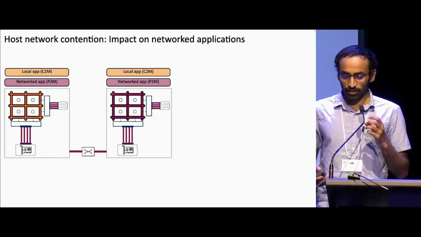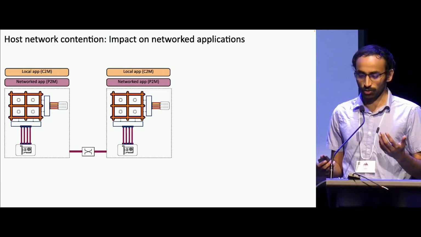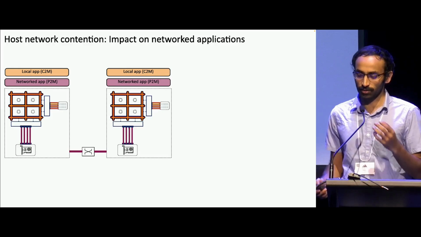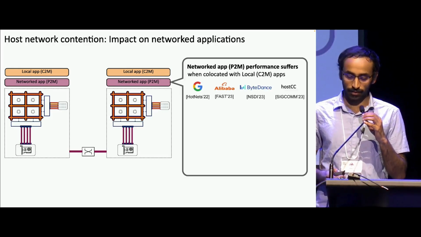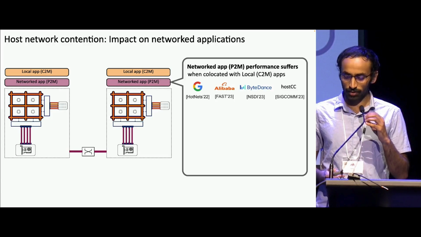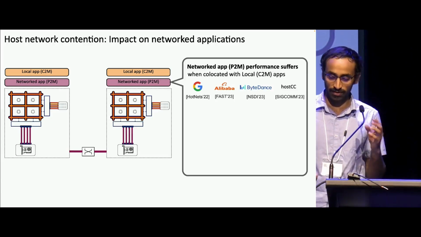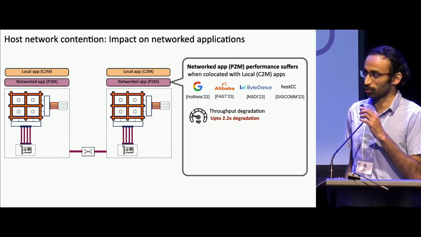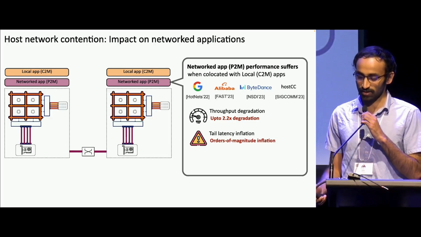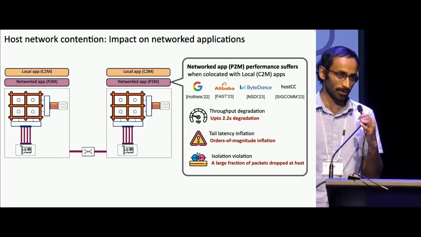Now, if there are other applications running on the host that are generating C2M traffic, several recent studies show that the resulting contention in the host network can significantly impact the networked applications. This includes throughput degradation, massive tail latency inflation, and isolation violation.